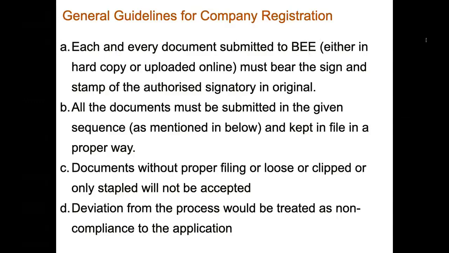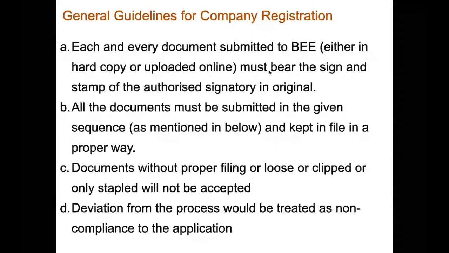It would be either in hard copy or uploaded online as well, and must bear the sign and stamp of the authorized signatory in the original, right? So if you want to register the company, you need to follow such guidelines, and all the documents must be submitted in the given sequence only.